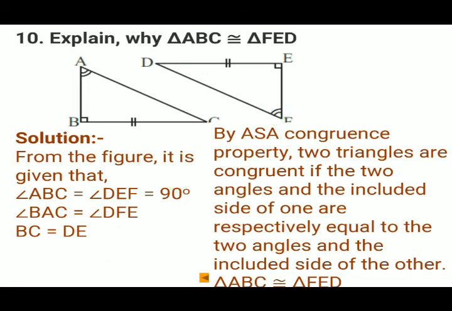So by the ASA congruence property, two triangles are congruent if two angles and the included side of one are respectively equal to two angles and the included side of the other. So you have to write down the sentence of ASA congruence, and after that at last you have to write down that triangle ABC is congruent to triangle FED. That's all about this chapter. Thank you.